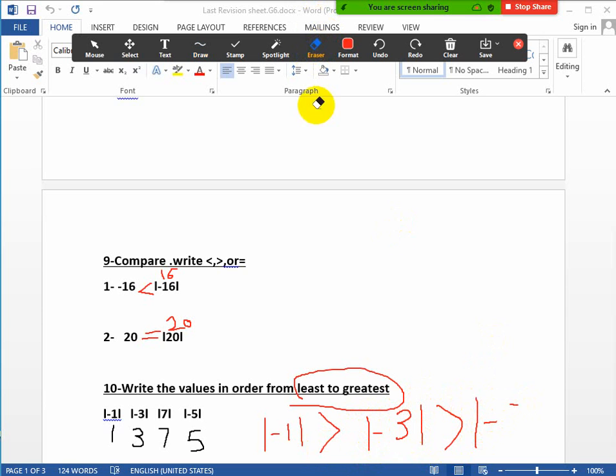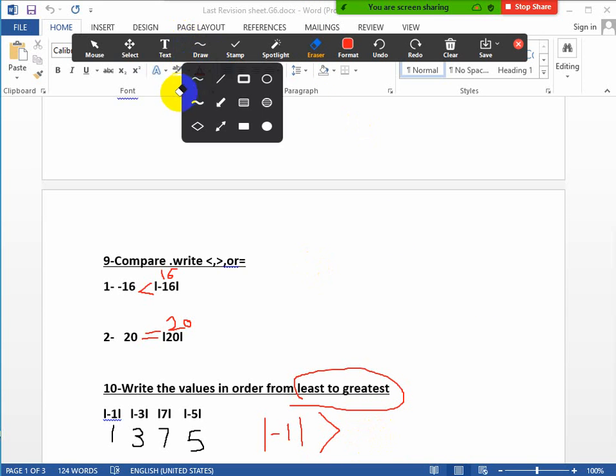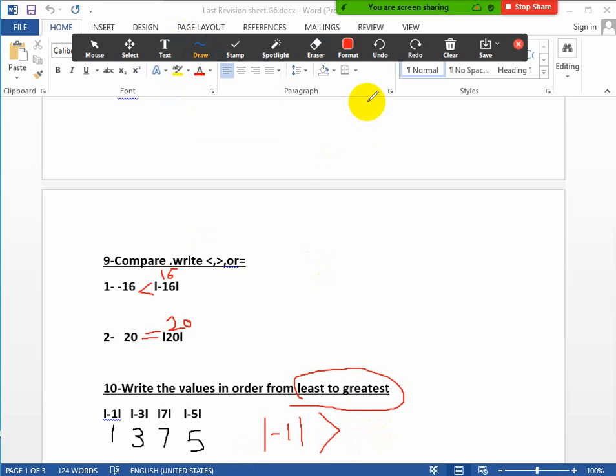Okay, I'm sorry, I will write it again because there is no space. So -1, then the absolute value for -3, then the absolute value for -5, then the absolute value for 7.